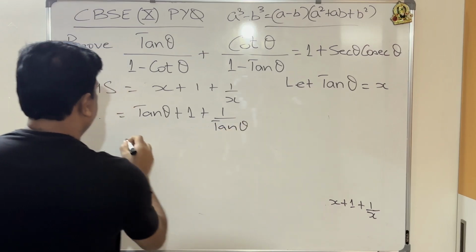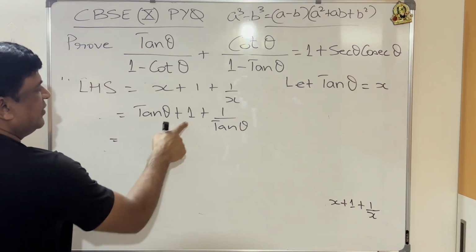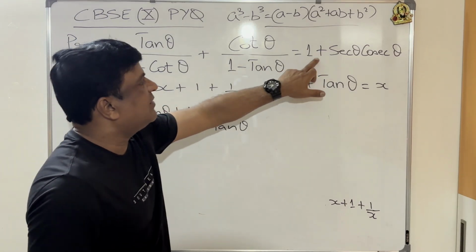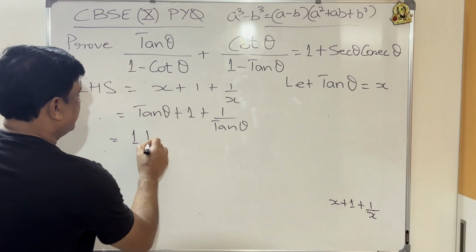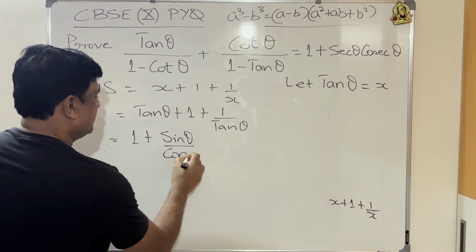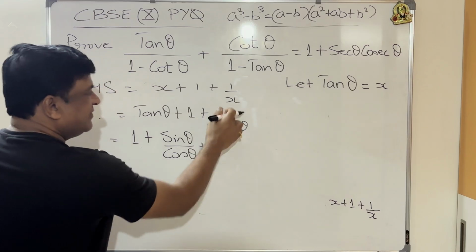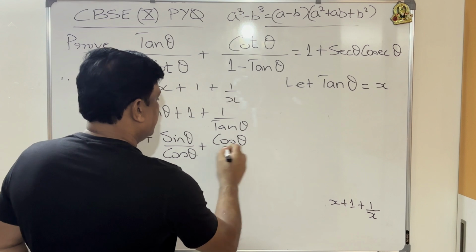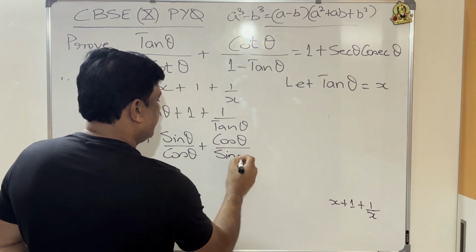Done? Now what I'm going to do is convert them. The plus 1, I don't have to worry about. I have already reached the plus 1 that I want. Plus this tan theta is sine theta by cos theta, and this 1 by tan theta is cot theta, so I can write it as cos theta divided by sin theta.